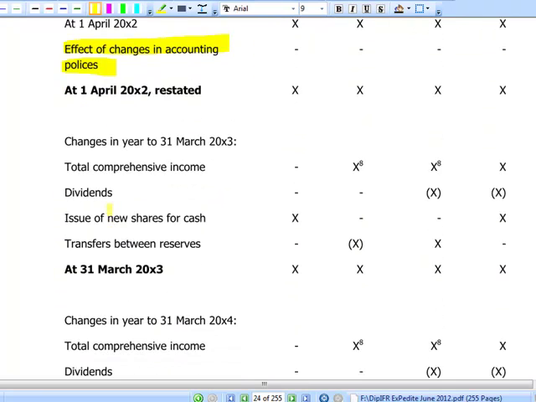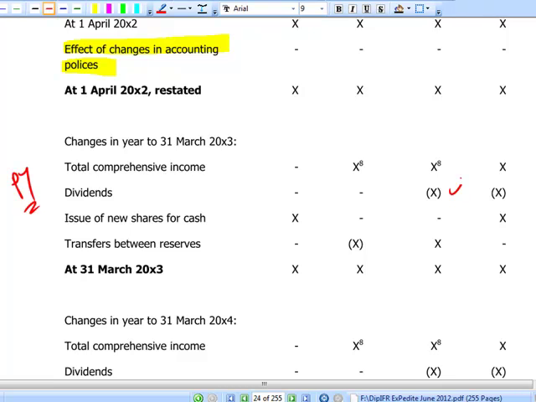In X3, which is, if you remember, the prior year, what we have to show is the total comprehensive income which was reported for the period. Any dividends that were paid, this is the only place where you show the dividends, and if they were paid, you will be reflecting them in the statement of cash flows. Issue of new shares if it happened during the accounting period, and pay attention to a share premium account if the shares are issued at more than the nominal value, and sometimes transfers between reserves.